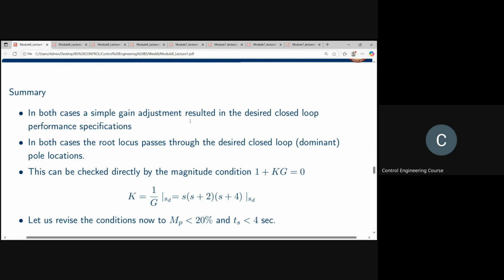Yes, you put the value of the desired pole location and see if the k value you get makes sense. If it is a real positive number, then yes, the root locus passes through that point. If it is something very nasty or a complex number, then it doesn't pass through that point. Got it?